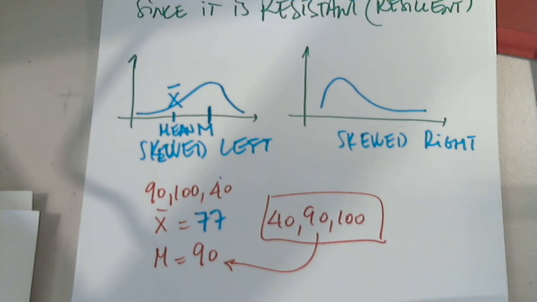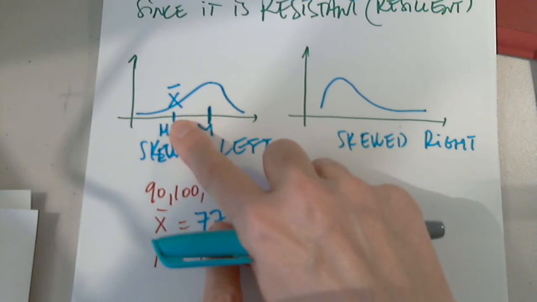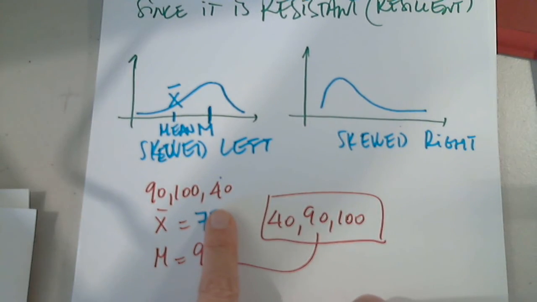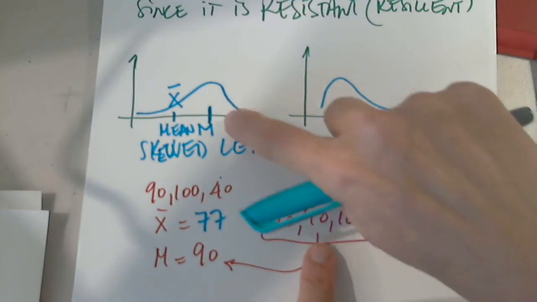almost 20 points. I mean, from 90 to more than 20 points lower. So the mean is highly affected by even one low score, but not the median. The median is still here.